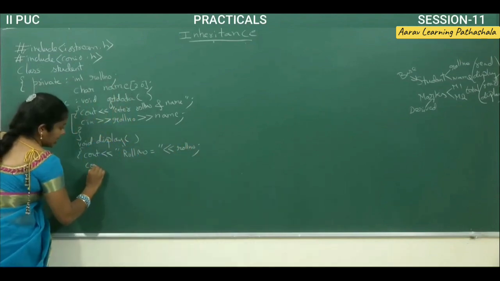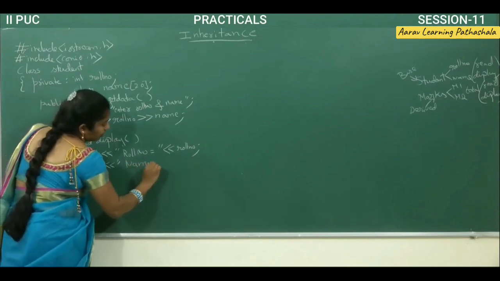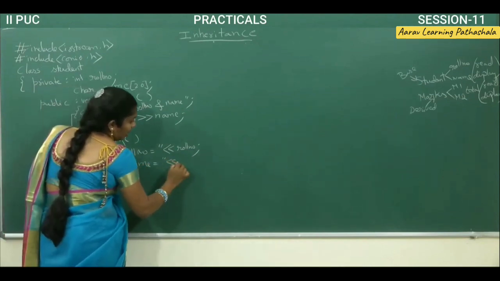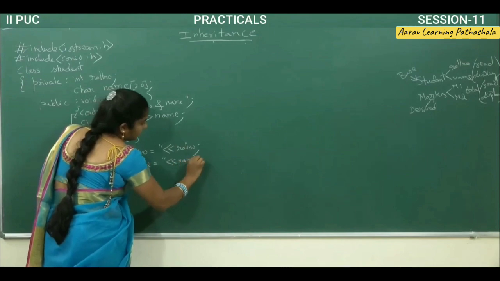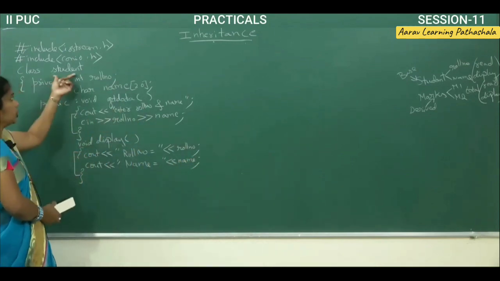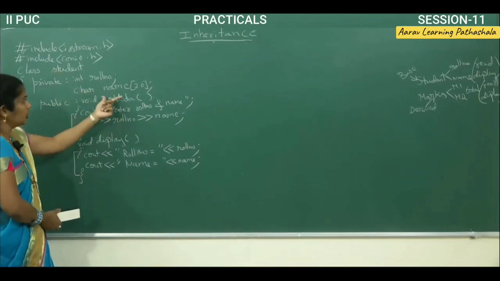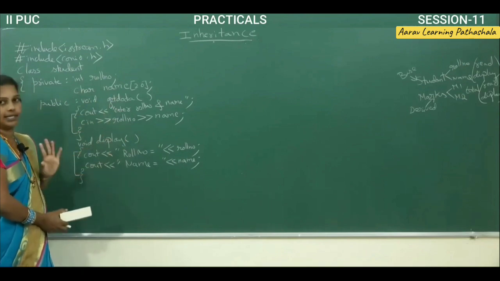Then next cout name equals. Then display the name value. Then close this function. Here student is a base class with two data members, roll number and name. These two data members, here I inputted and here I displayed.